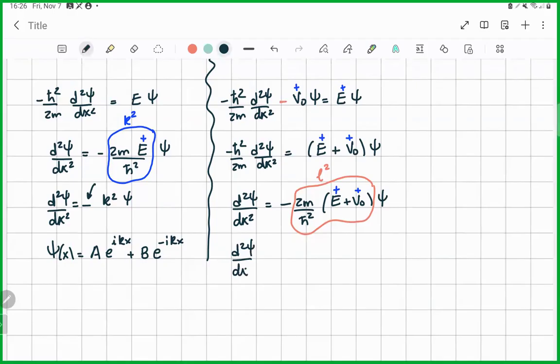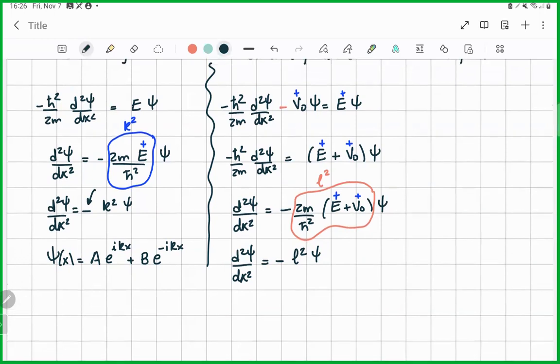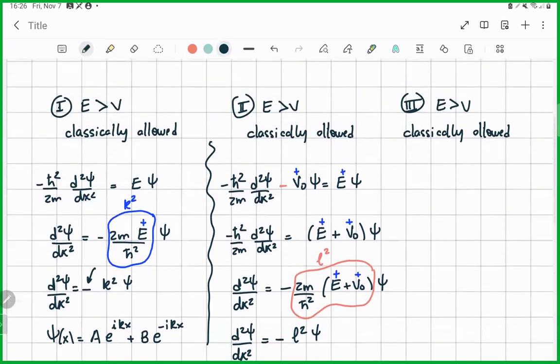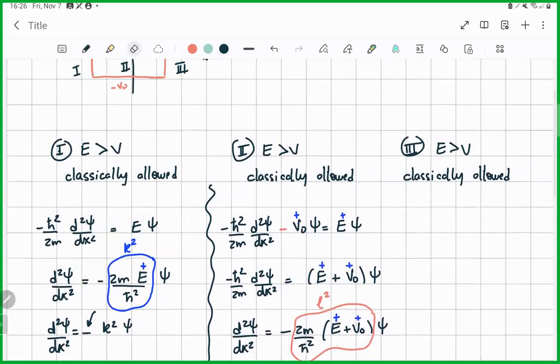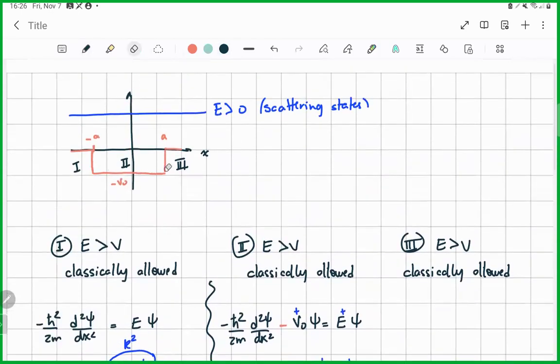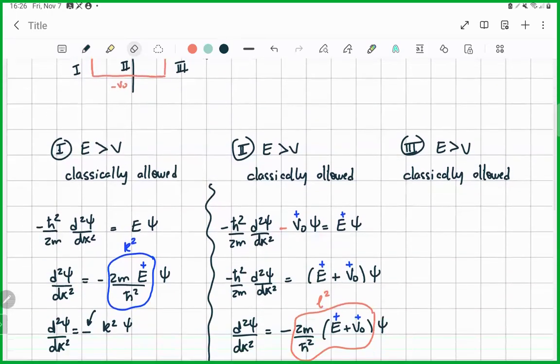with the minus sign, and we know that if there is a minus sign, it has to be a sine, a cosine, an exponential with I, exponential either with plus I or minus I. But look, this region 2 is this region between minus A and A. So here, it's convenient to write in terms of sine and cosine.